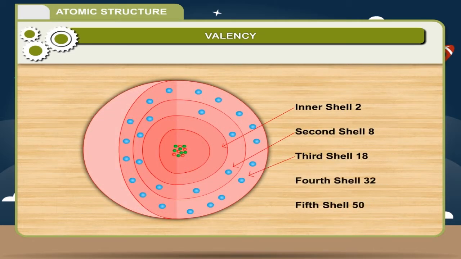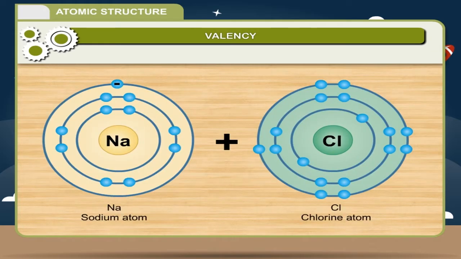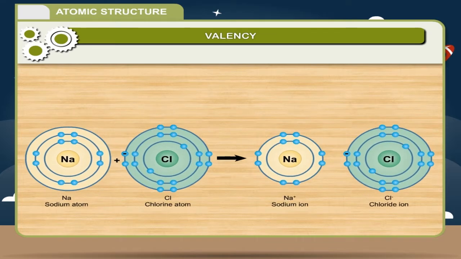Since every atom prefers to be stable, it is necessary that its outermost shell, except the first, should have 8 electrons. This stability is achieved by accepting, donating, or sharing electrons present in the outermost shell.